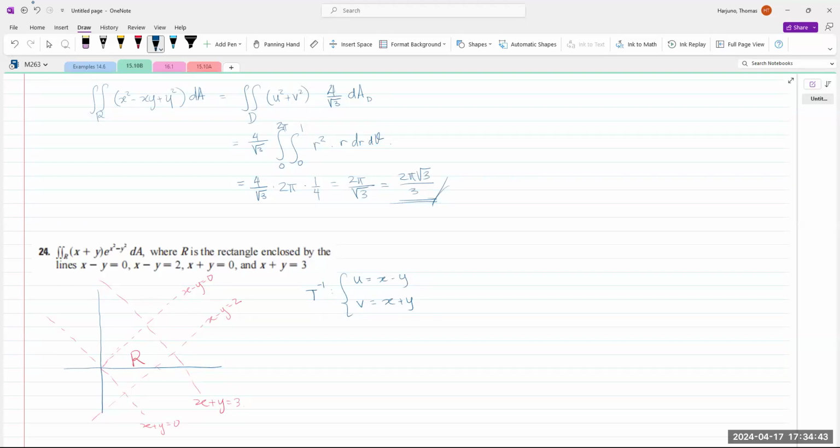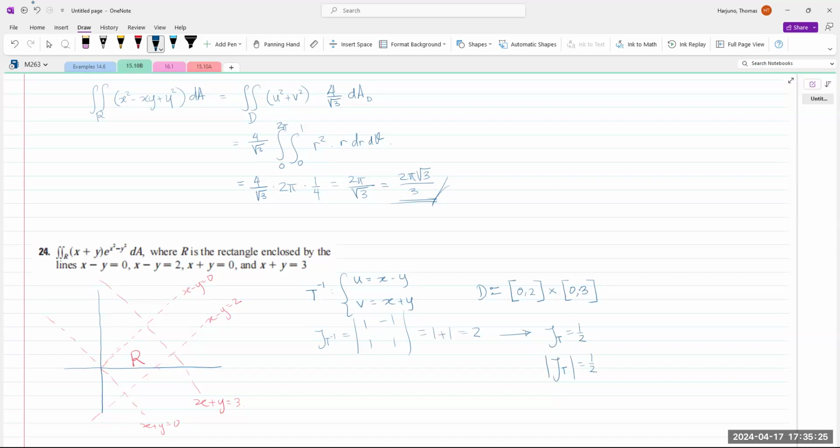Notice that my domain D then becomes u from 0 to 2, and phi from 0 to 3. The Jacobian of T inverse will be 1, negative 1, 1, 1. That's 1 plus 1, which equals 2. Therefore, the Jacobian of transformation T will be the reciprocal. Remember, what we will use in the integral is the absolute value of that.